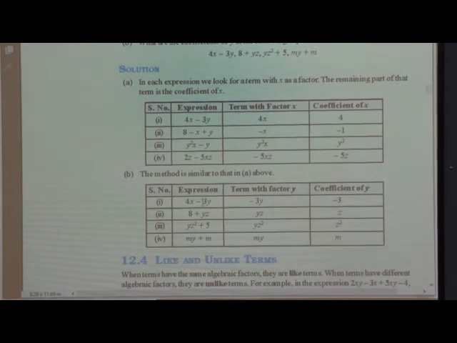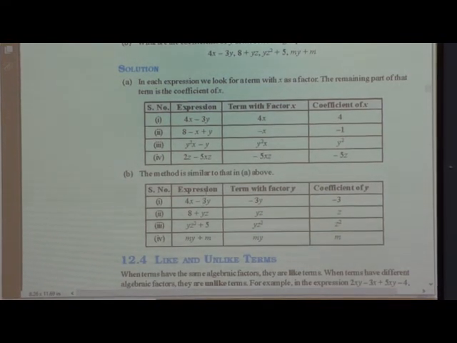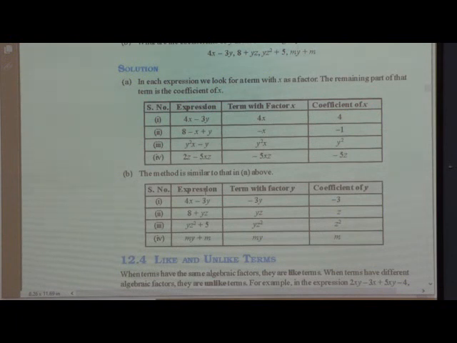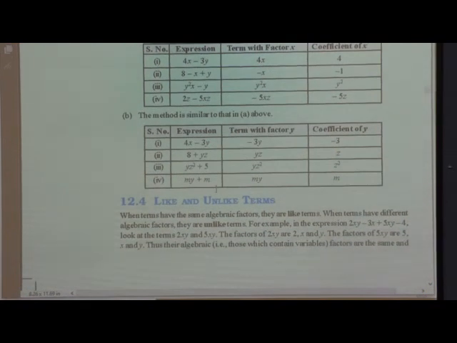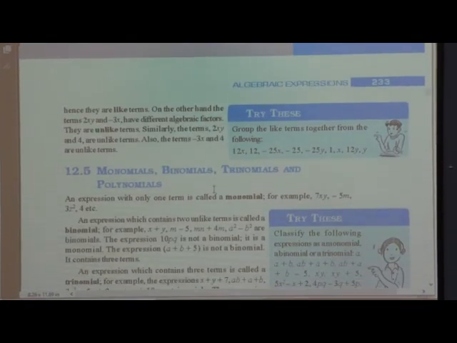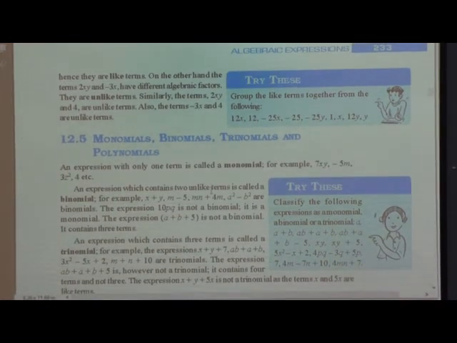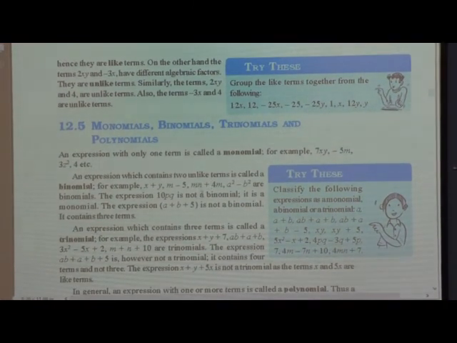In this way we have seen two examples related to terms with factor x and terms with factor y, and found the coefficients. Now, what are like and unlike terms? Like terms are similar to what we learned in decimals, like decimals and unlike decimals.